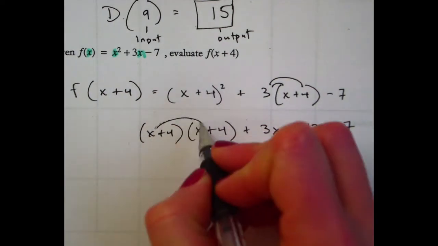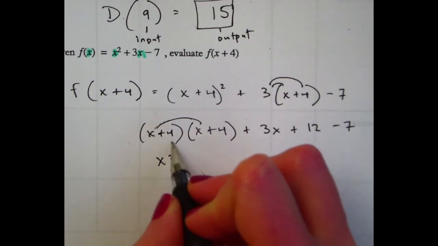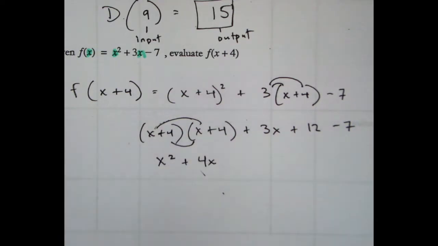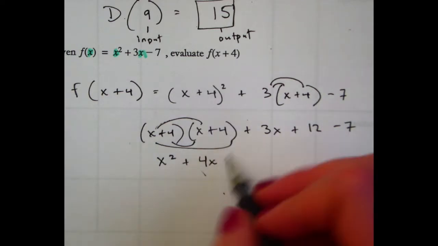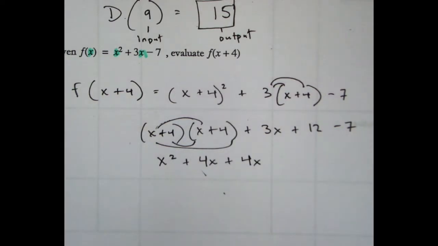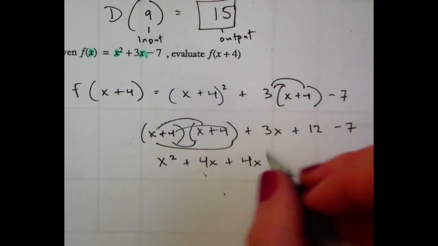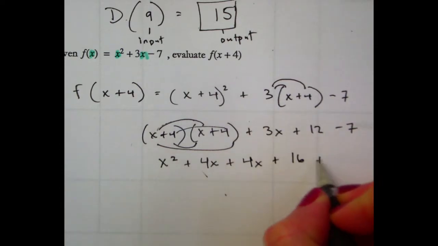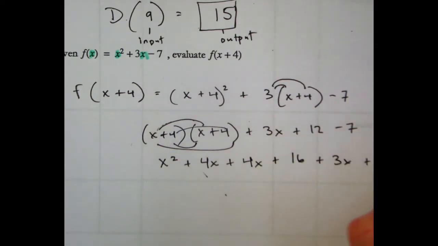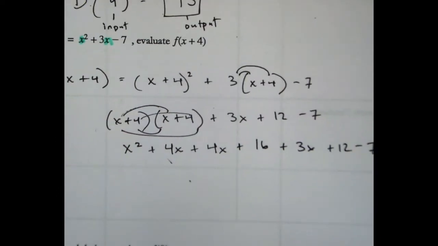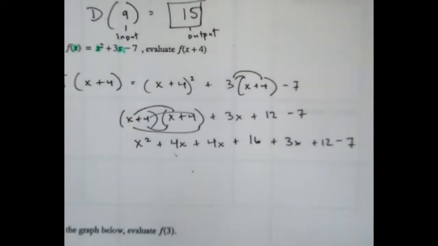So first term x squared, middle 4x, outside 4x, and then the last two terms, 4 times 4 is 16, plus 3x plus 12 minus 7. My last step is going to be to combine like terms.